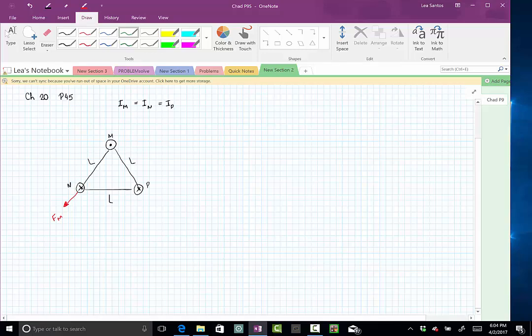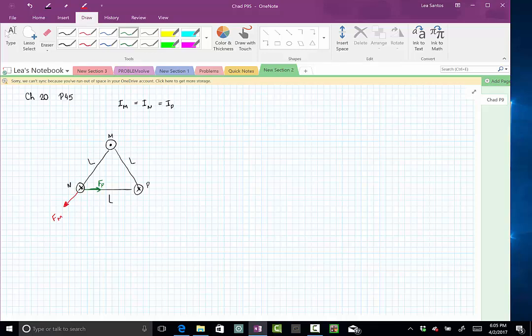So wire P attracts wire N, and I'm going to put here the force caused by P. Now we have to find the magnitude of each one of these forces and then deal with angles to find the net force, the magnitude and the direction of this net force.